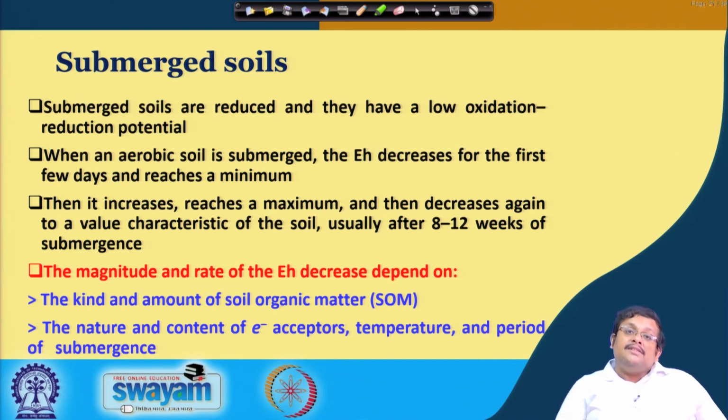So, the kind and amount of soil organic matter and the nature and content of these electron acceptors, temperature and period of submergence, all these play key roles in determining the magnitude and rate of this redox potential decrease.